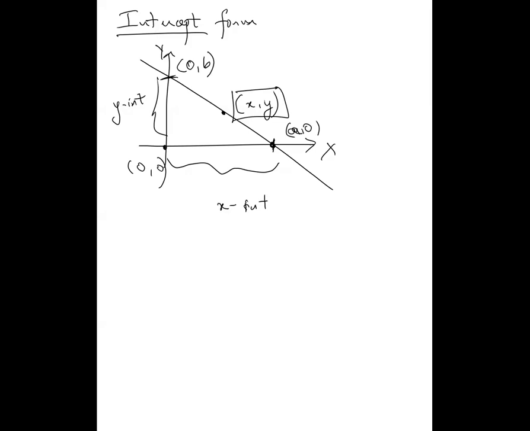Since all the three points are lying on the same straight line, the slopes will be equal. Now, what slopes will be equal? I'll mark this as number 1 and this as number 2, just as an example. So slope 1 will be equal to slope 2. Small mistake I made: representation of slope is usually by lowercase m. So I'll write m1 will be equal to m2.